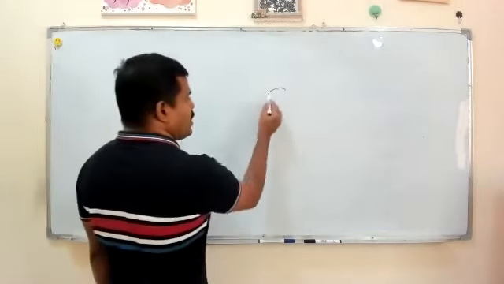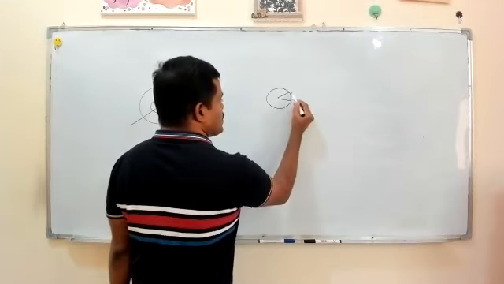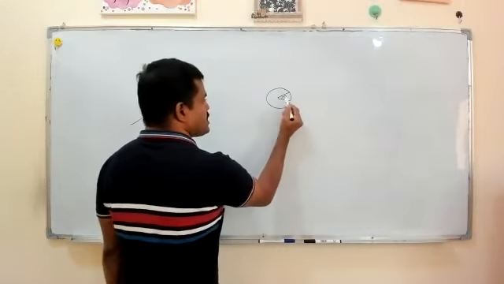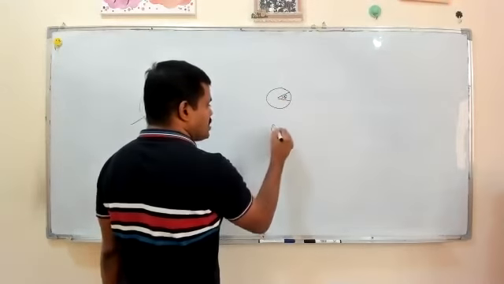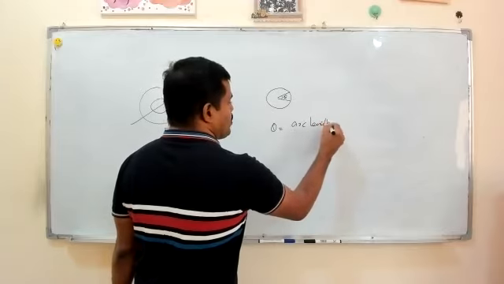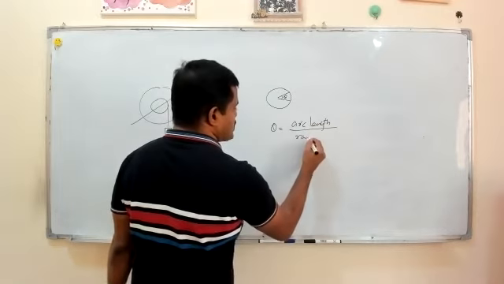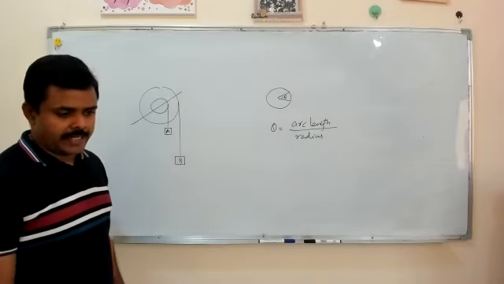Let us imagine that this is the arc length. If this angle is theta, how do you find arc length? You have learned this many times, no? Theta is equal to arc length divided by radius. Small class, lower class, you learned this. Angle subtended is equal to arc length by radius.